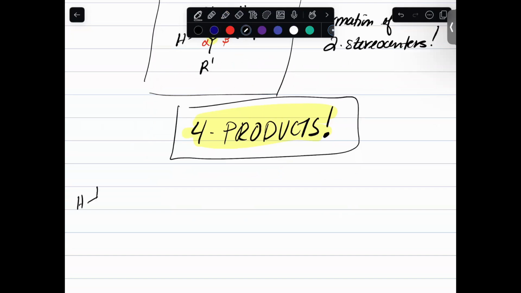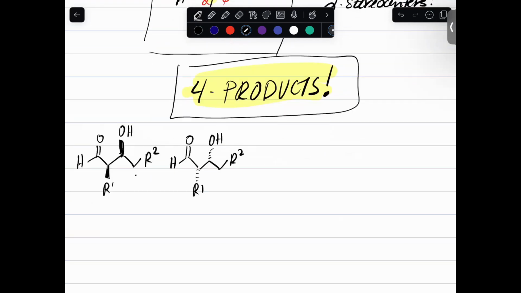Product number one includes the formation of the syn product. Now, in this case, the two substituents are wedged, but you can also have them dashed. So these are my syn products.